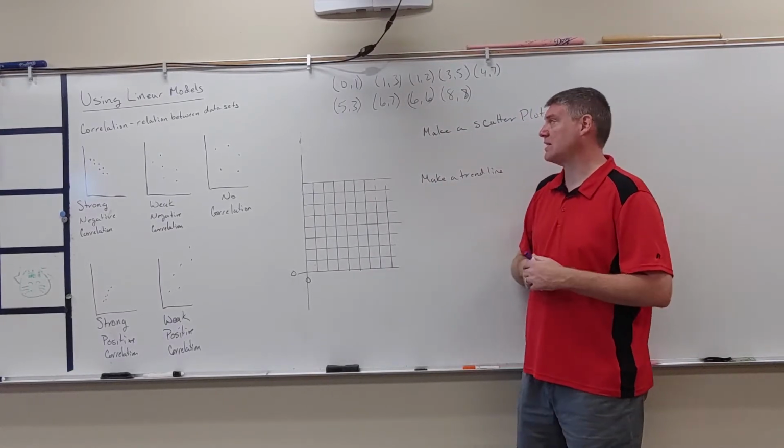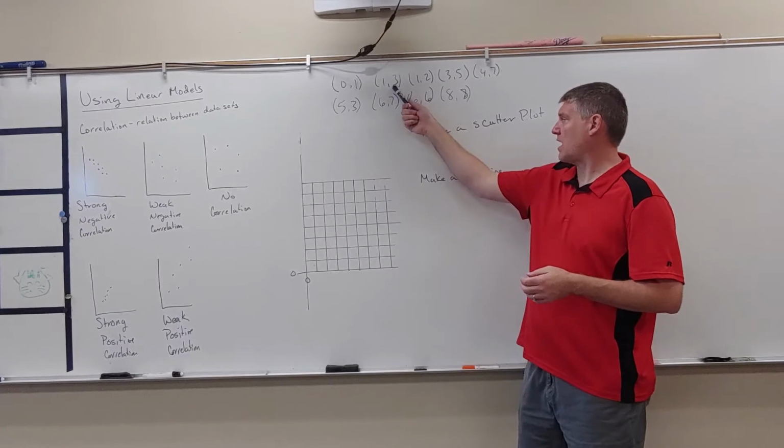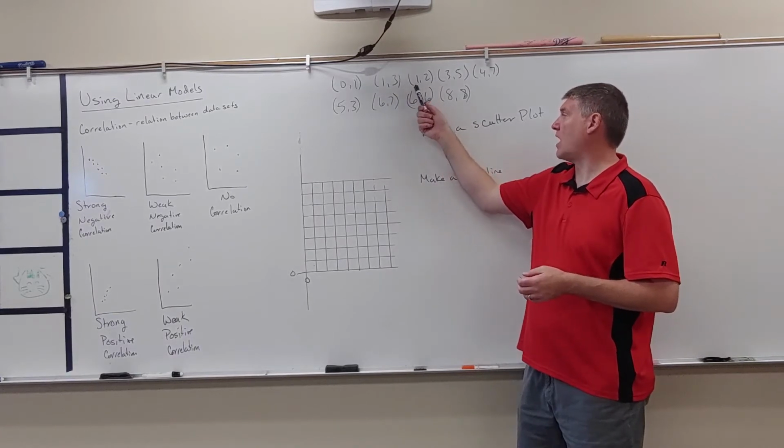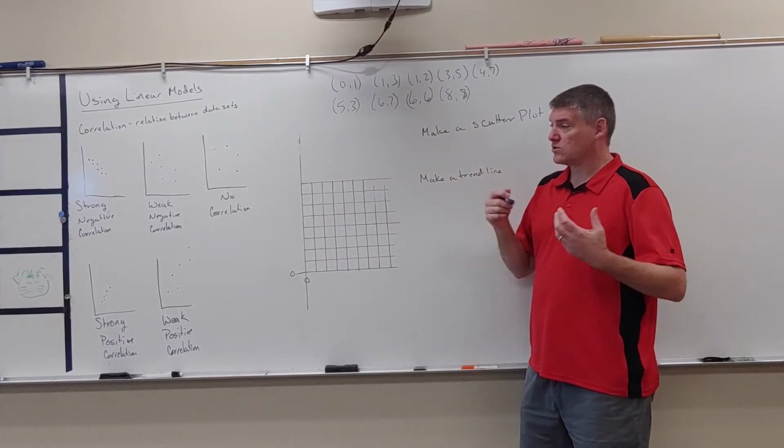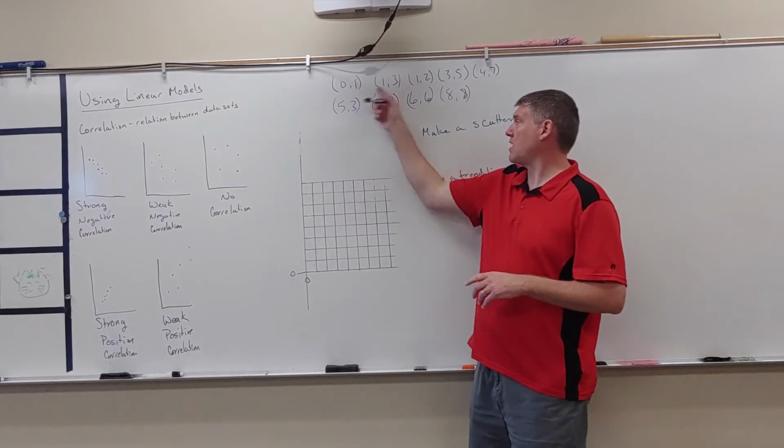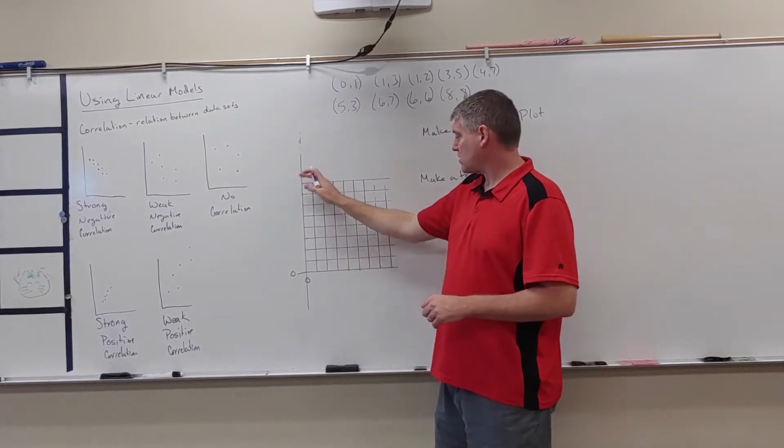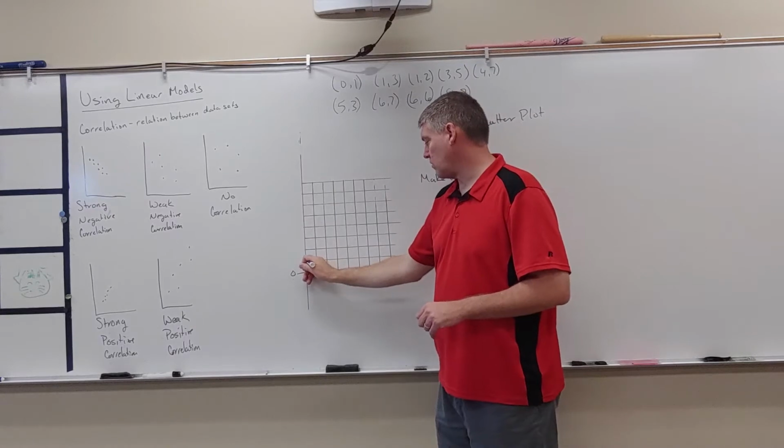It's not going to get me exact because, if you notice here, I have some values with duplicate x's. So the first thing I'm going to do is plot all this information. So here's my grid. I'm going to go 0, 1.